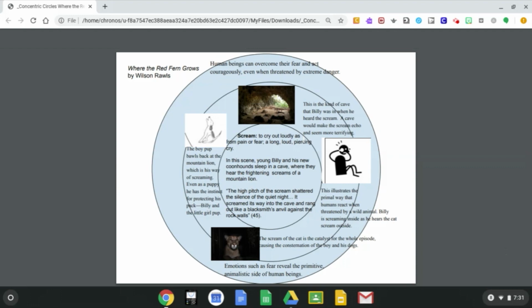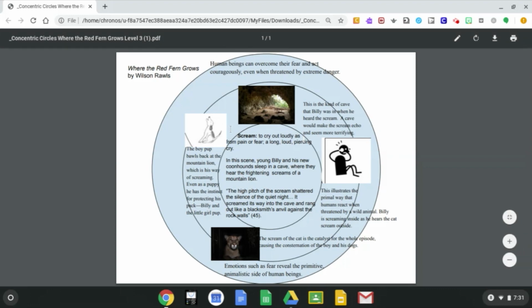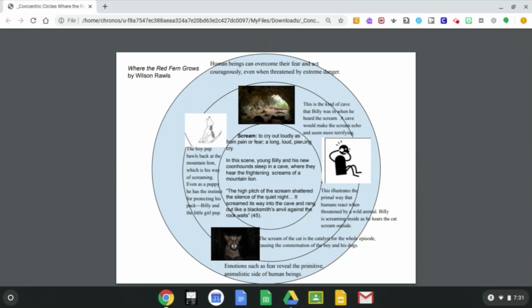So for us, for today, our thematic statement has to relate back to our significant word and our images. And so I come up with these two thematic statements. The first one is human beings can overcome their fear and act courageously even when threatened by extreme danger. And then the second one down here, I said emotions such as fear reveal the primitive animalistic side of human beings.